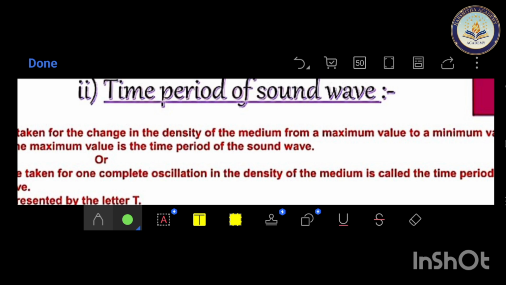Okay guys, let's go on to the next topic. Time period means the time taken to complete one oscillation or one vibration.